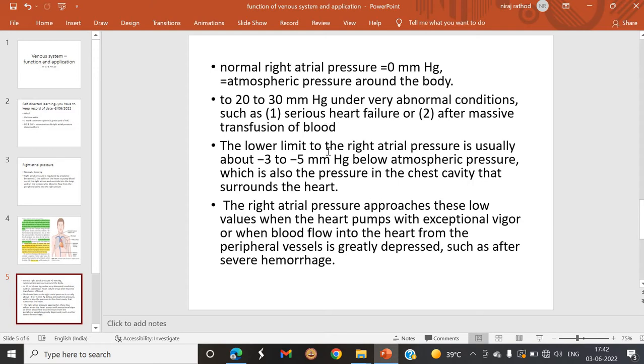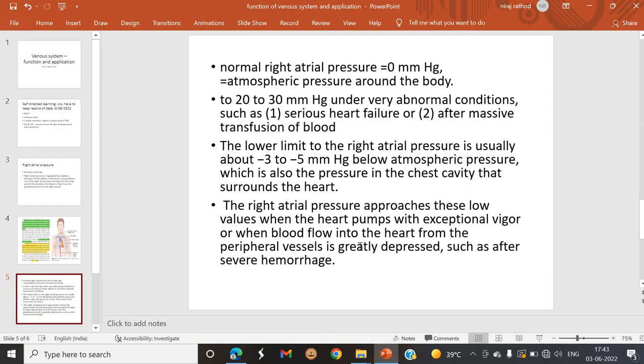But it can be massively increased to 20 to 30 mmHg in a serious heart failure or after massive transfusion of blood. It can also be massively decreased. You have all studied the anatomy and you know that our normal chest cavity pressure is -3 to -5, which is negative, sub-atmospheric pressure.